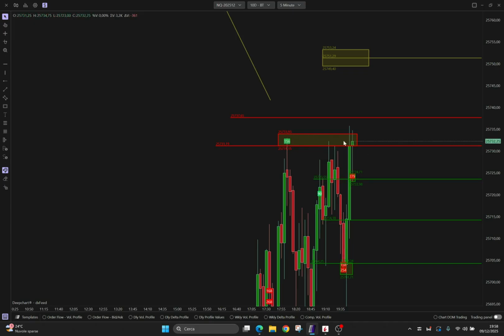We marked this level before the session. We went through it together. You see, even if the buyers are aggressive, how strong this level is. It's really strong.